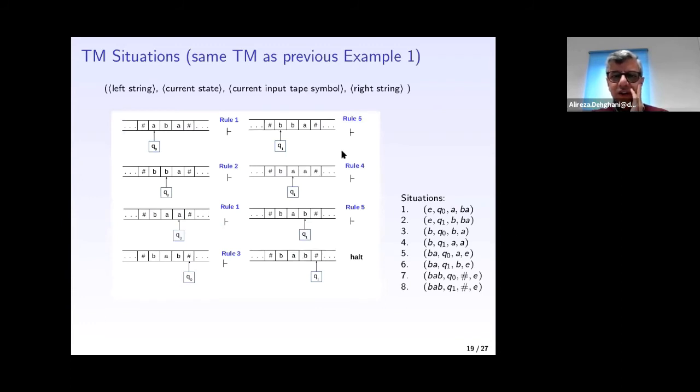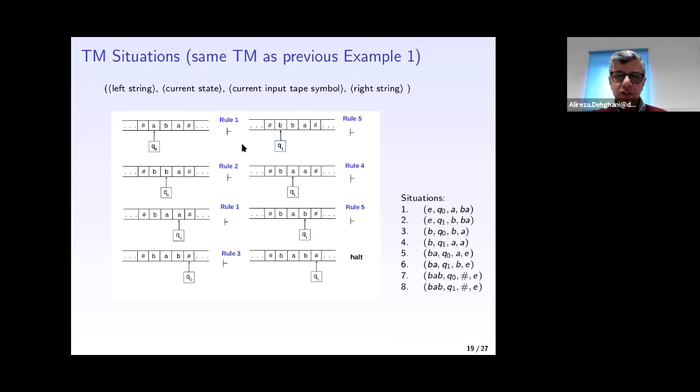Let's rephrase all these state diagrams into these situations. The first situation is that we have the left string, which is empty. Then I'm in a specific state. Then what is on the head of the machine? A. And what is on the right side of the head? BA. So: left string, current state, current input tape symbol, and right string.